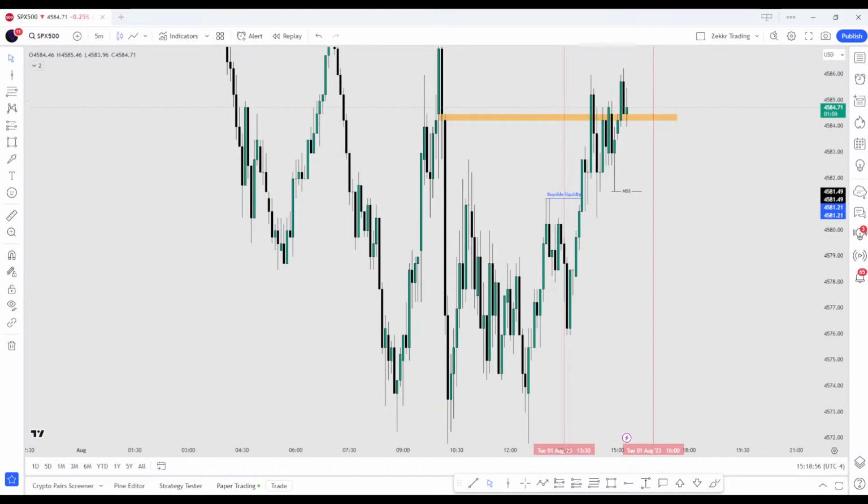You just put in contract size, pip distance, and account size, and that's all you need to calculate your risk. It takes a little bit more time, but it's fine.